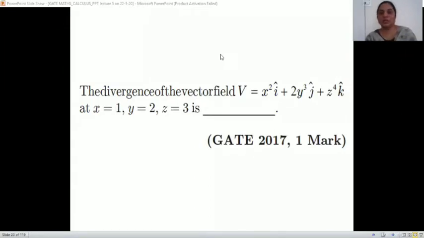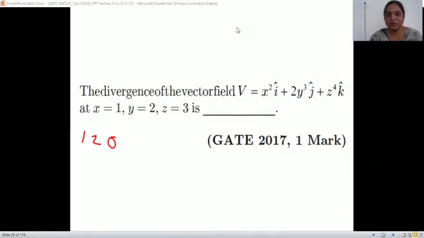Kedar Jadhav, can you tell me answer? Let me unmute you. Kedar Jadhav, please answer. 120? Who is writing 120? Is it 120? Anyone?